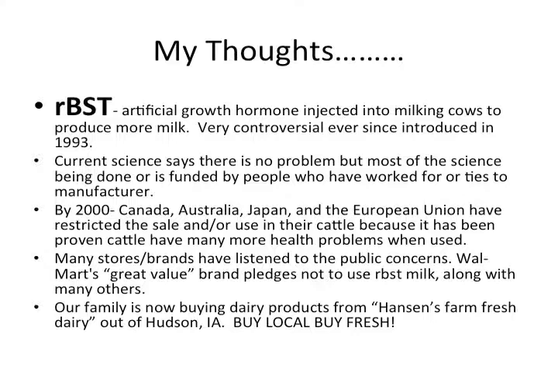It was first introduced in '93, and ever since then it's been under a lot of scrutiny, not from the government, but from people saying, this isn't right. We're injecting artificial stuff into our cows, they produce more milk, but I don't know if I want to basically drink this artificial stuff.